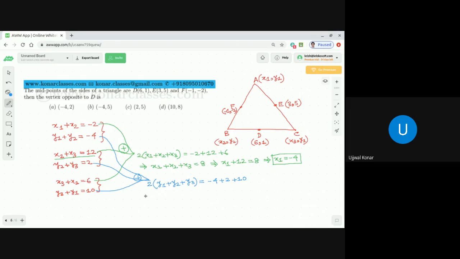So from here we get that y1 plus y2 plus y3 is equal to 8 by 2, that is 4. Out of that, y2 plus y3 we can get from here, that is 2. So that implies y1 plus 2 is equal to 4, and that gives y1 is equal to 2. So (-4, 2) is the required coordinate, and hence we get the correct option as option A.